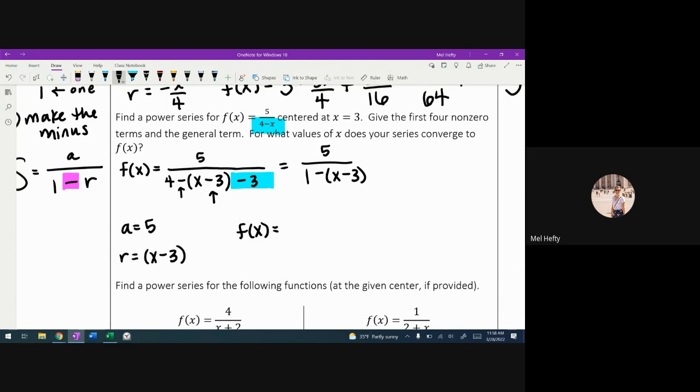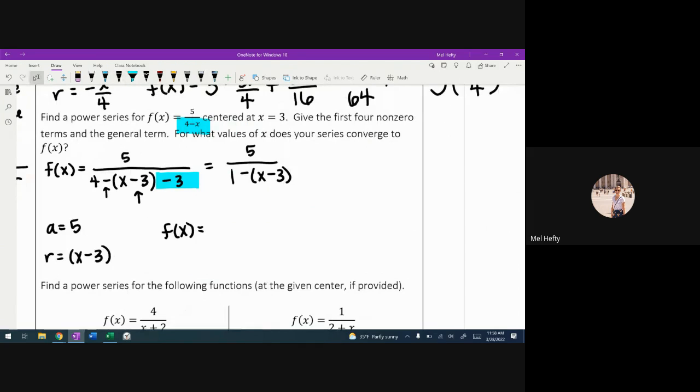Are you ready? What's the first term? 5. What's the next term? Remember, we said that we multiply by the ratio, so 5 times x minus 3. What's the next?